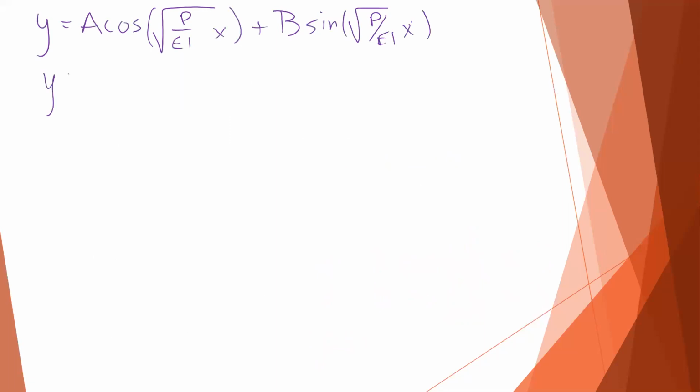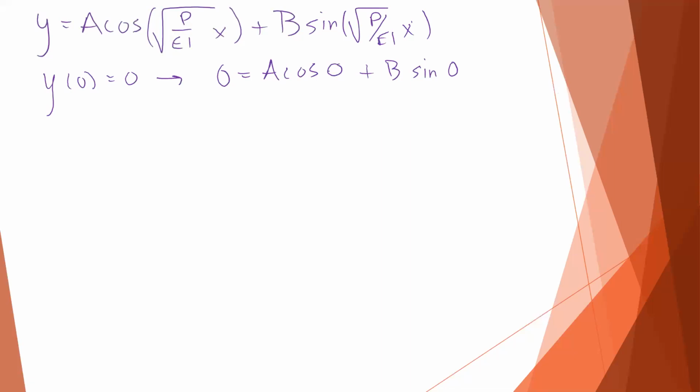We can say y of 0 equals 0 tells us 0 equals A cosine of 0 plus B sine of 0. What is the sine of 0? 0.